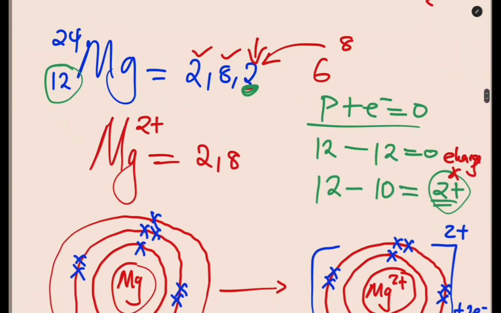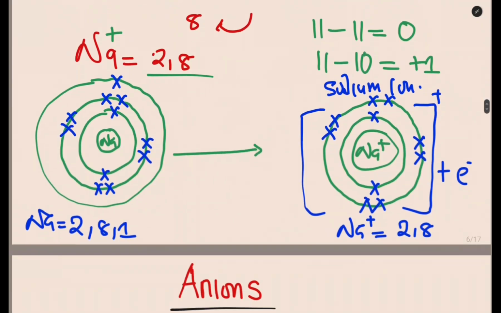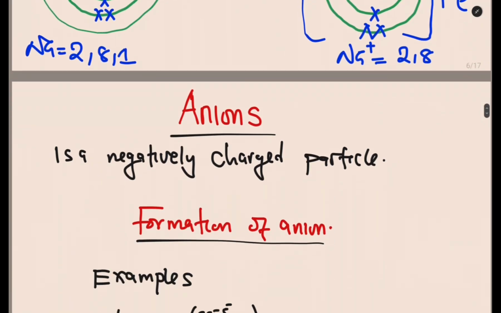All right, the other part that we can look at now is the part for anion. Anion is a negatively charged ion. It is a result of atoms gaining electrons in order to be stable.